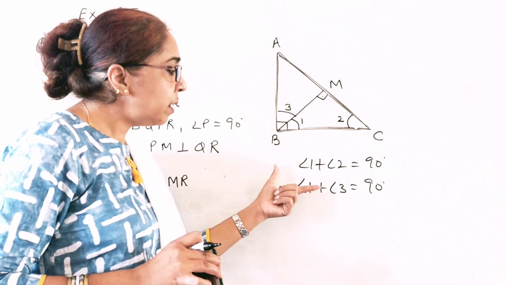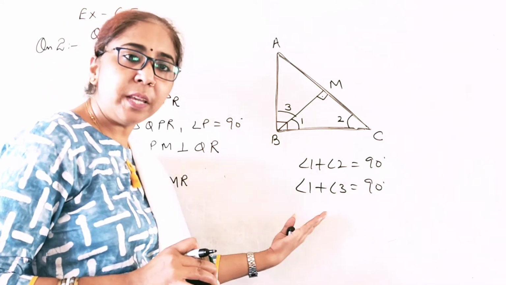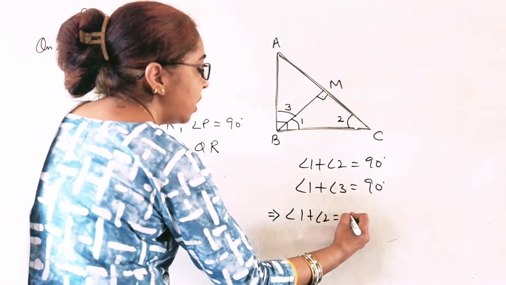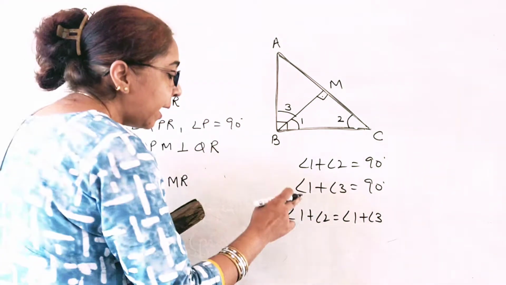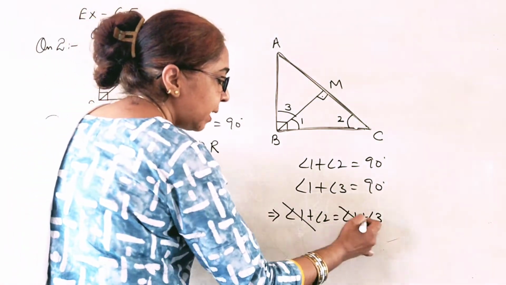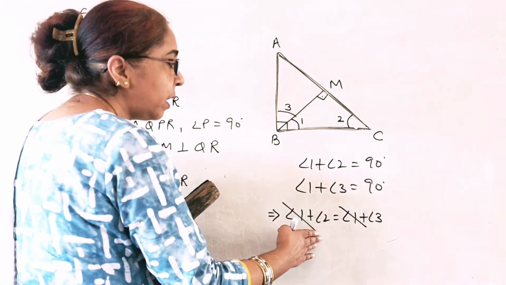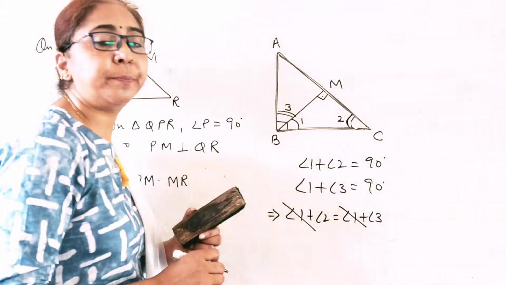So from here, both left hand sides must be equal. That means I can write 1 plus 2 should be equal to 1 plus 3. Isn't it? And if so, I can cancel out 1 and 1 from both sides, and I have now angle 2 is equal to angle 3.